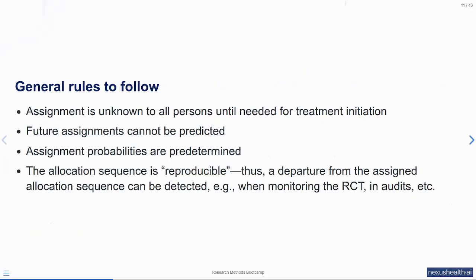Assignment is unknown to all persons until needed for treatment initiation. Future assignments cannot be predicted, and assignment probabilities are predetermined. The allocation sequence is reproducible. Thus, a departure from the assigned allocation sequence can be detected when monitoring the randomized clinical trial or when carrying out audits.